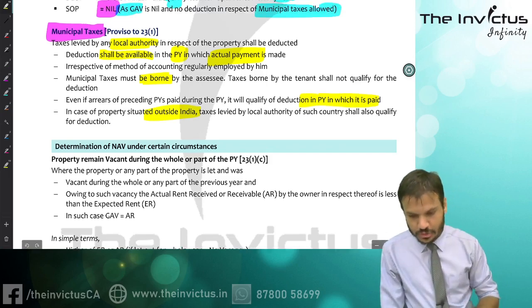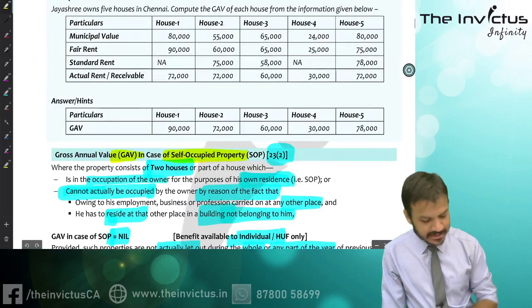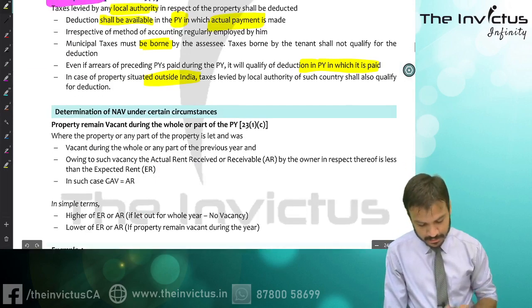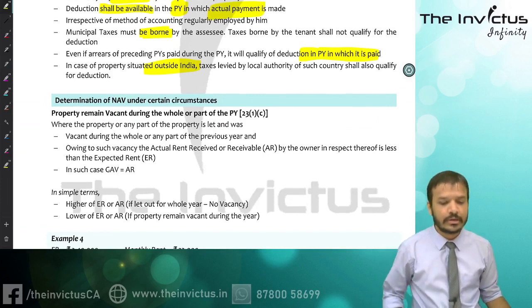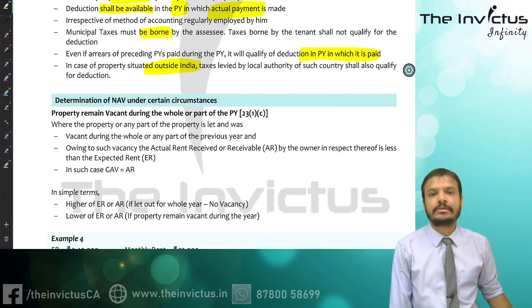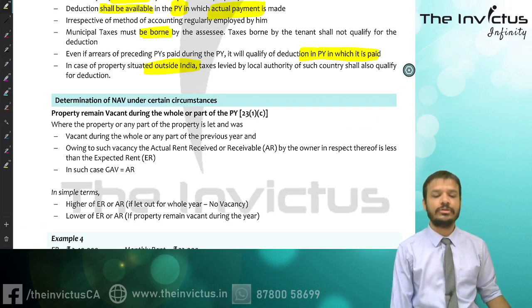Okay, so this is all about determination of NAV. Certain special cases that I said I will discuss later on, about the vacancy and self occupation and everything. Now we'll discuss these cases in our next video. So thank you so much guys.